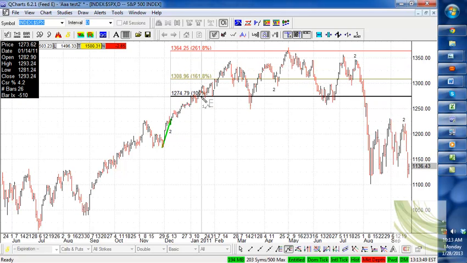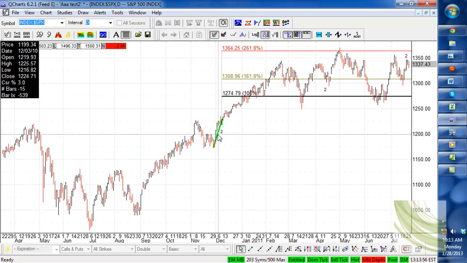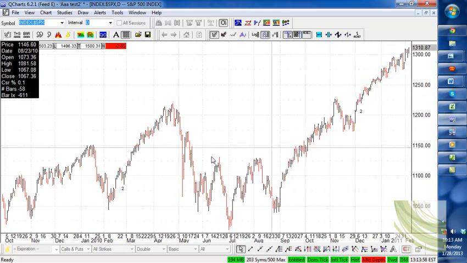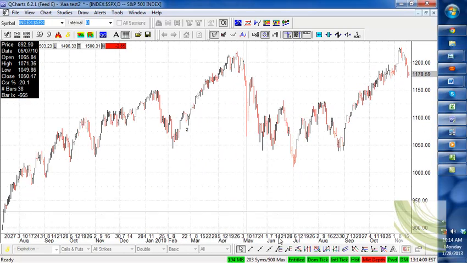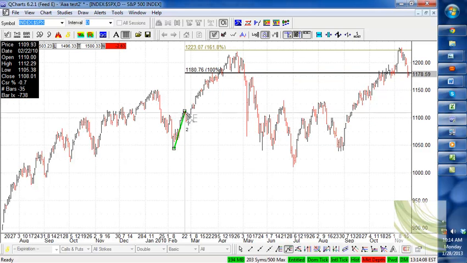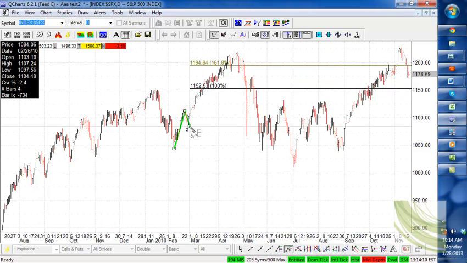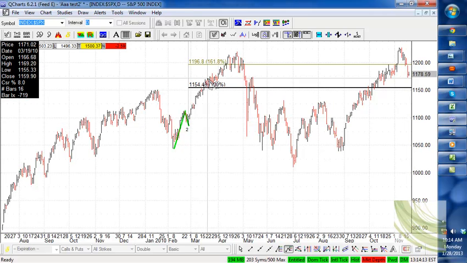This one made it past 100% and then kept on going past 1.618%. This one made it past 100% easily and then past 1.618%.